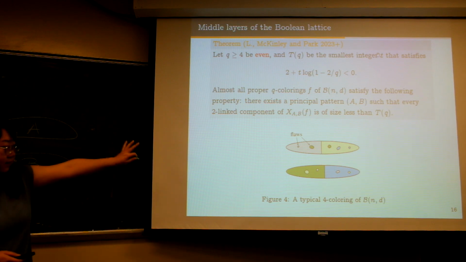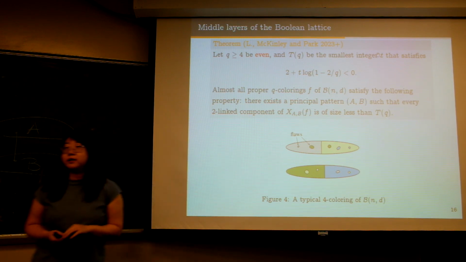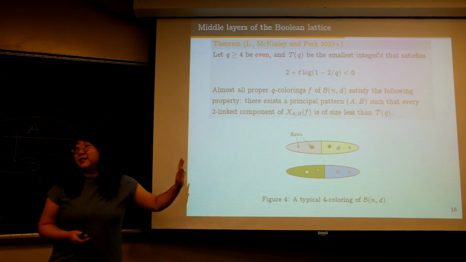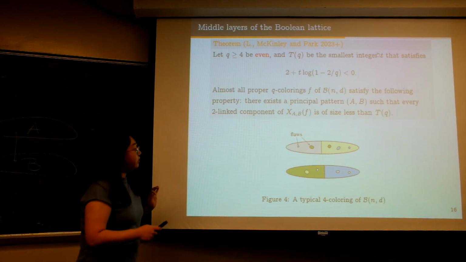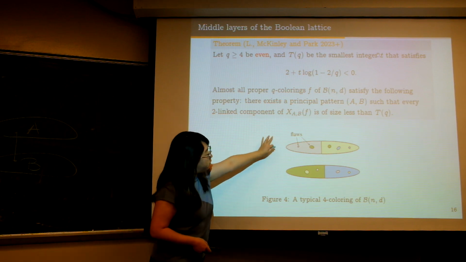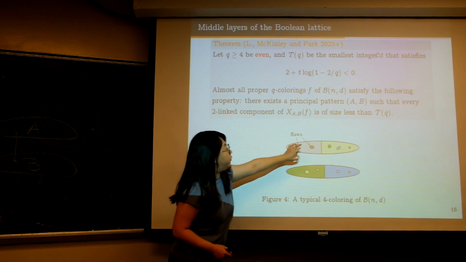Again, I have this picture which is a typical coloring of the middle two layers. You might notice it's exactly the same picture as before. Yes, it is, because they have the same behavior. Again, you will see for four colors, most of the vertices use their ground state color, but with small flaws.